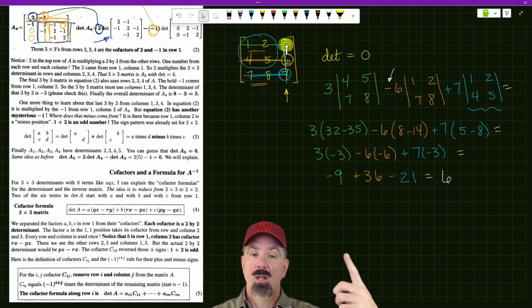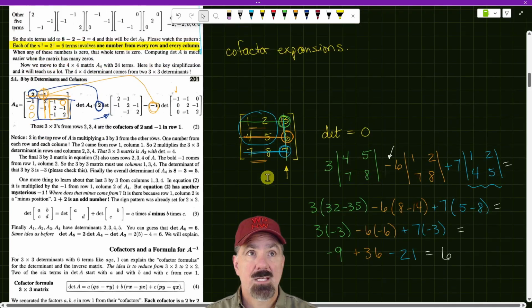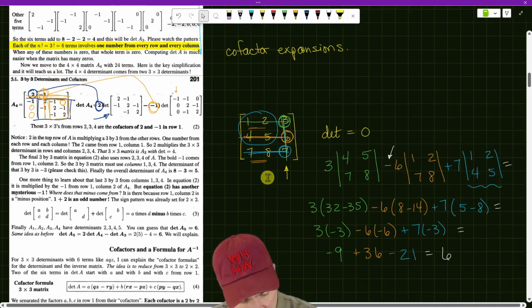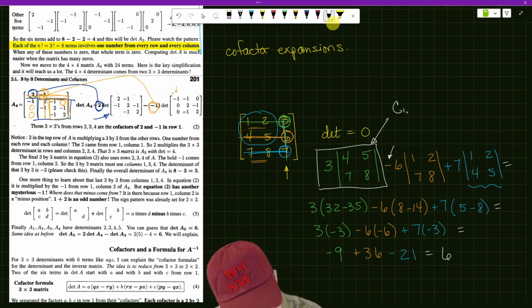So we have row 1, column 3, totals 4, -1 to the 4th is +1. That's all this information here is. And so that's how we calculate a cofactor. Let me just be clear with the example that we did. So the cofactors, this, okay, that is equal to the cofactor at 1, 3.